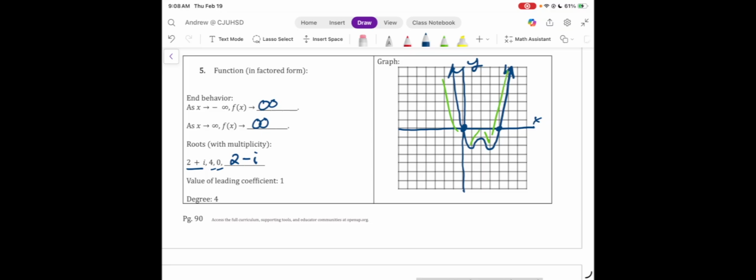And the function in factored form would be, let's get the real ones out of the way, x minus 4, x minus 0, or just x, and then for the imaginaries, x minus 2 minus i, and x minus 2 plus i.